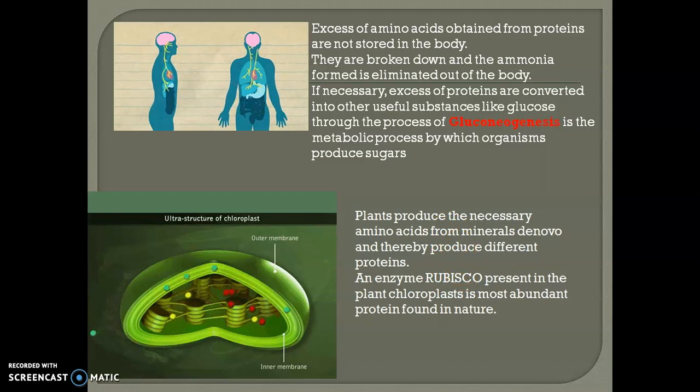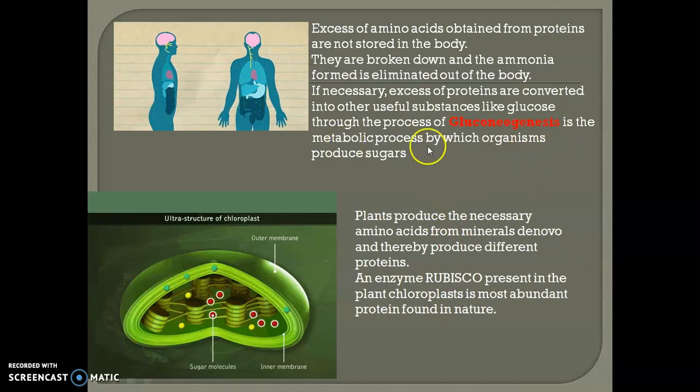Unlike fats, they are broken down and the ammonia form is eliminated out of the body. If necessary, excess proteins are converted into other useful substances like glucose through the process of gluconeogenesis. This is a metabolic process by which an organism produces sugar.